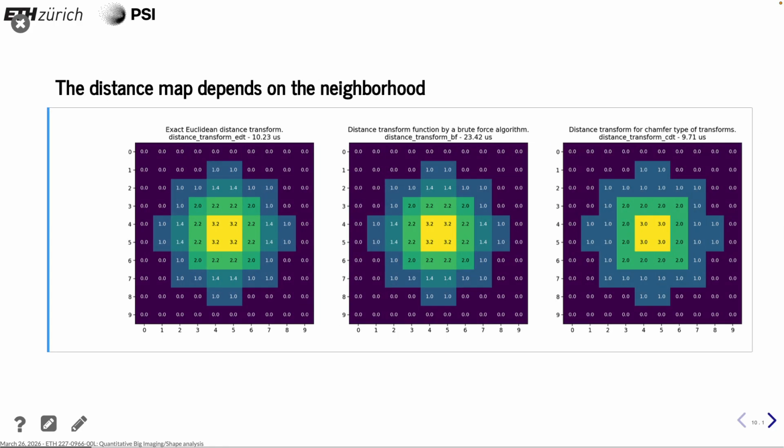We can also compare the different ways of computing the distance transform. There are different algorithms, and some have been developed to be a lot faster. For example, here we have the exact Euclidean distance transform, computed with a brute force algorithm. You get the same values, but you can see there is already a difference in computation time.